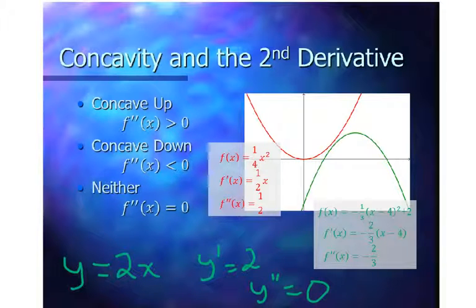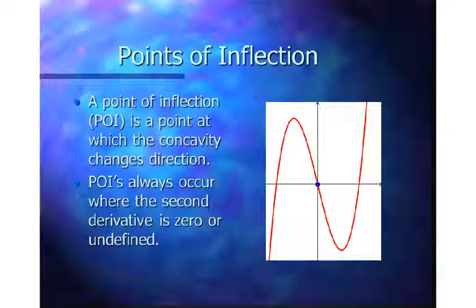And that makes sense, because if you think about it, a line doesn't have that curvature. It's neither concave up nor concave down. So if the second derivative is 0, then we have that occurrence where the graph is neither concave up nor concave down. So this leads us to what we also want to talk about called points of inflection.